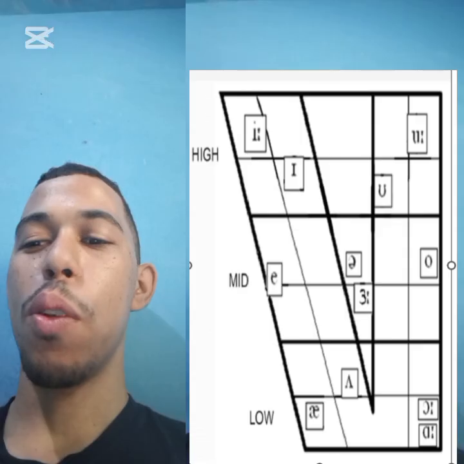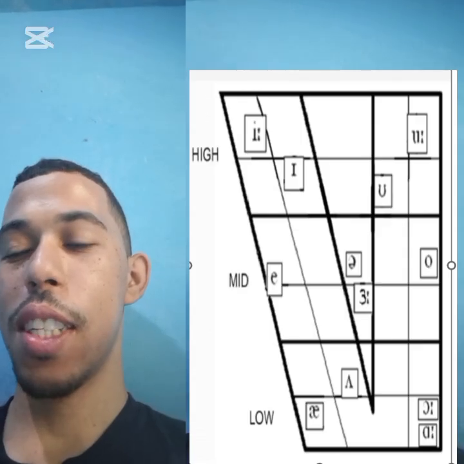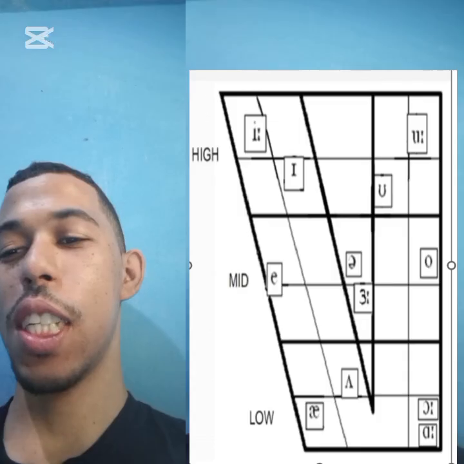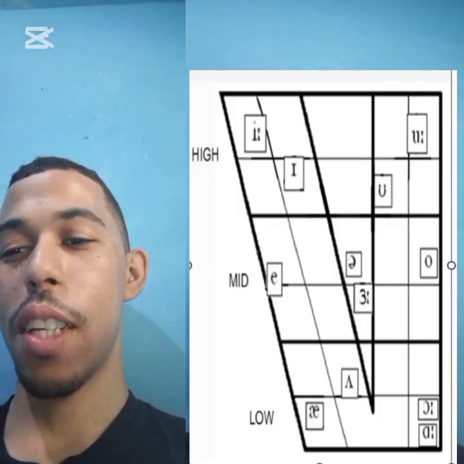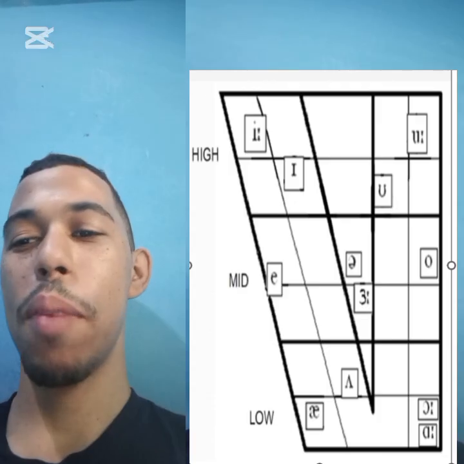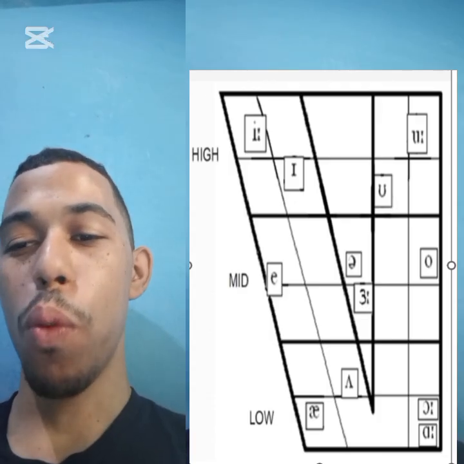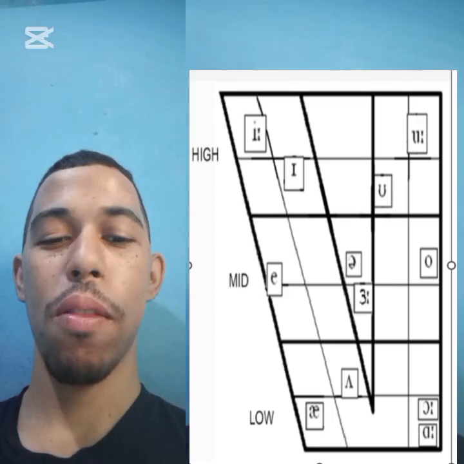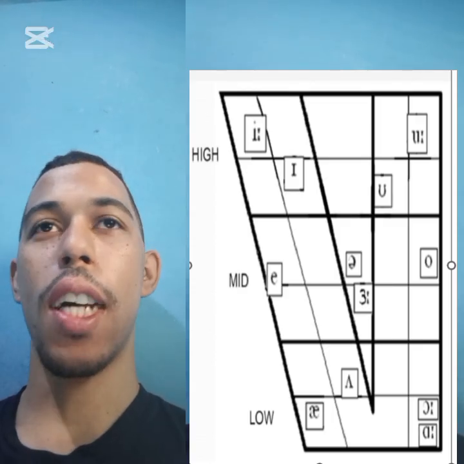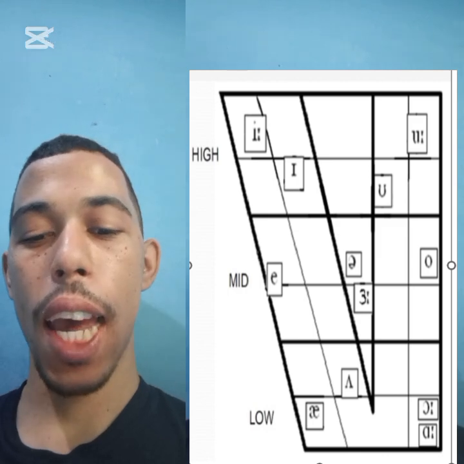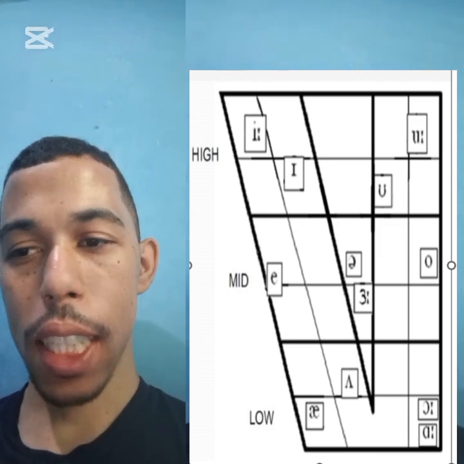If we go down, we have this strange representation of a phoneme that sounds like "ah". This phoneme is low front and is also relaxed. You can find this phoneme in words like "cat".